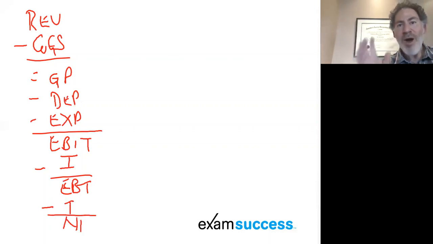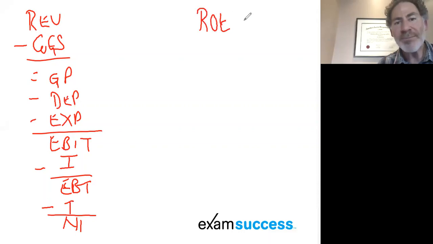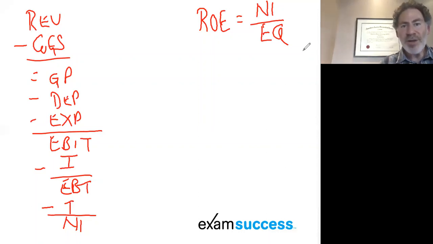Okay, so now here's what we can use this for to help us: the concept of return on equity, ROE. So return on equity is, in its most basic form, the net income over the equity. And it's the common equity, okay? Return on common equity.